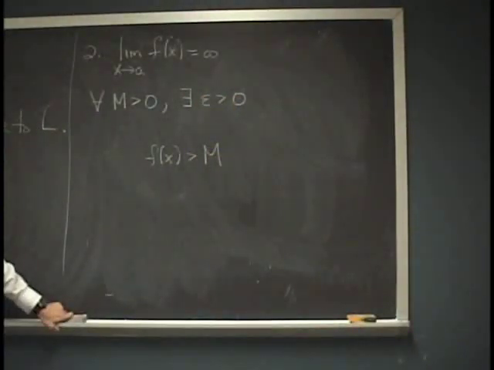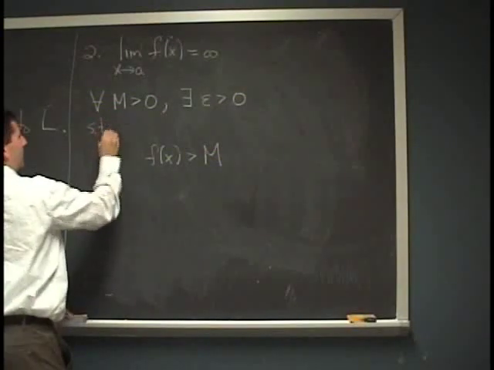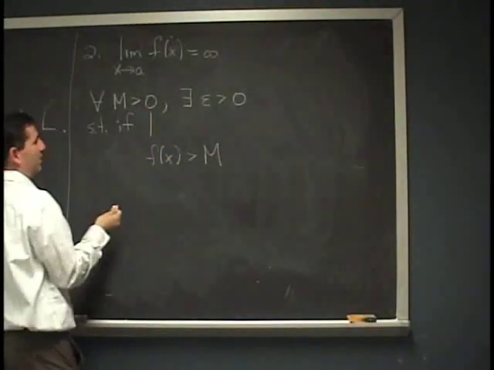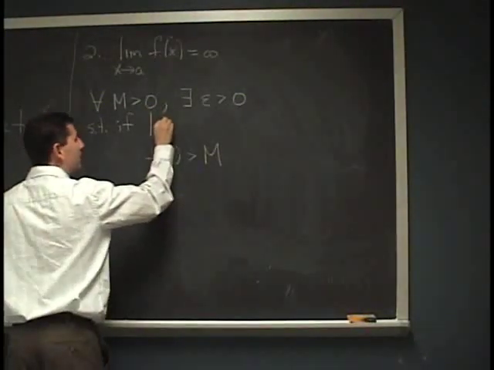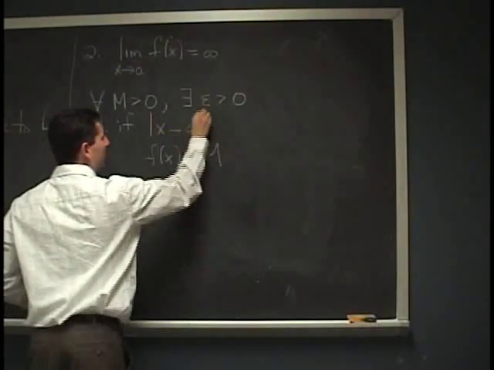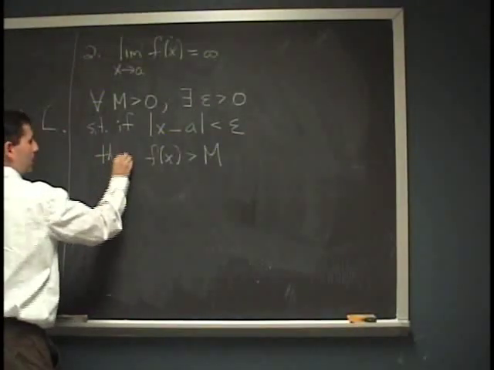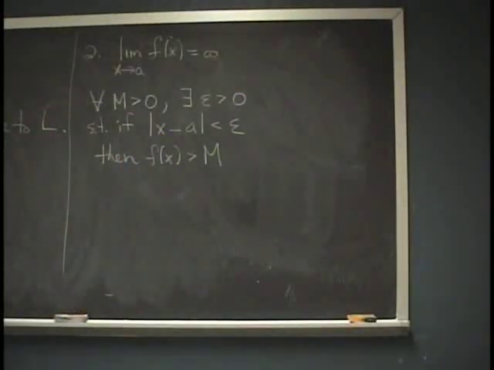There's your first Greek letter. There exists an epsilon greater than 0 such that if, now I just don't see any good way around this, if the distance between x and a is less than epsilon, then f of x is greater than m. I just jumped the shark, as they say. What does this nonsense mean?